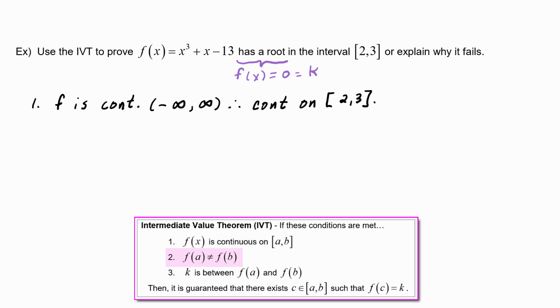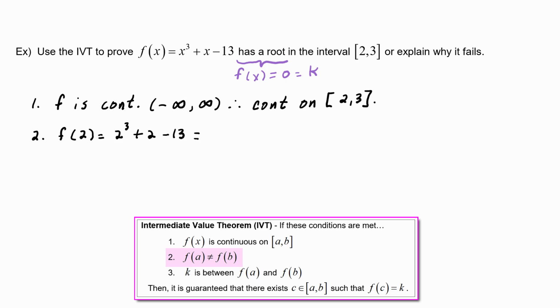Step 2 says we have to show that f of a is not equal to f of b. So in our case, we have to show that f of 2 does not equal f of 3. So we just need to plug these points in. f of 2 is going to equal 2 cubed plus 2 minus 13.